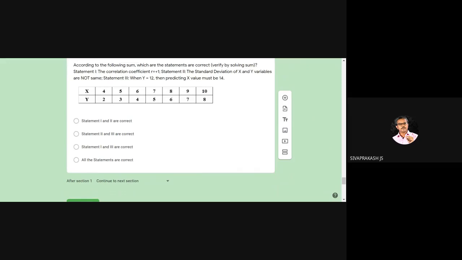Earlier all statements were correct. So the answer is 1 and 3. That means there is no chance of them being not the same. So it should be the same. You can calculate the standard deviation quickly. Did you understand this? Yes. Good. Thank you.